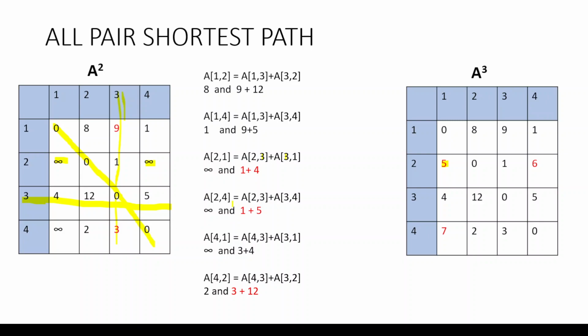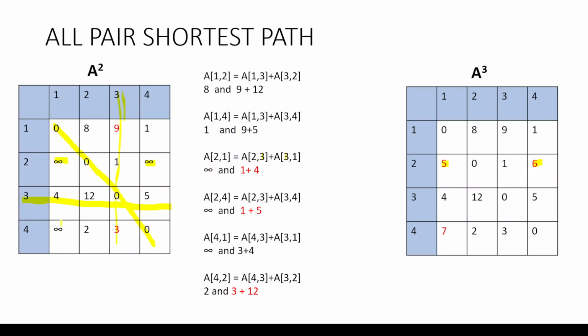So I am checking if there is a path through 3 which is smaller than the distance available between 2 and 4. Now we'll have infinity and 1 plus 5. 1 plus 5 is 6. 6 is less than infinity. So this infinity will be replaced by the new shorter path which we have found, which is through 3. That is 2 to 3 and 3 to 4. We got a shorter path, that is 6.